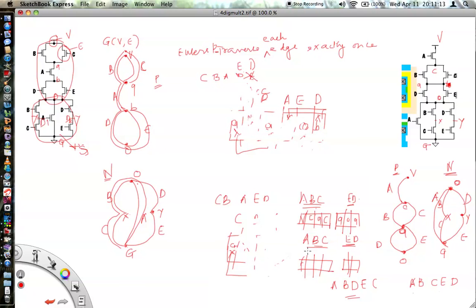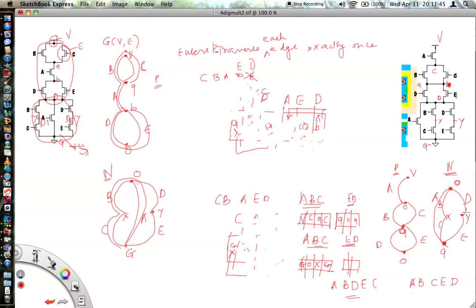If this is ABC, this becomes node G, this becomes node O. Okay, for the A, this is G, O, this is your node X, and this is your node Y. Sorry, this is node X and this is node G again for the C transistor.